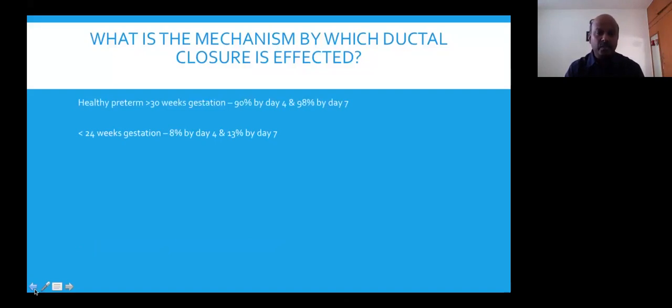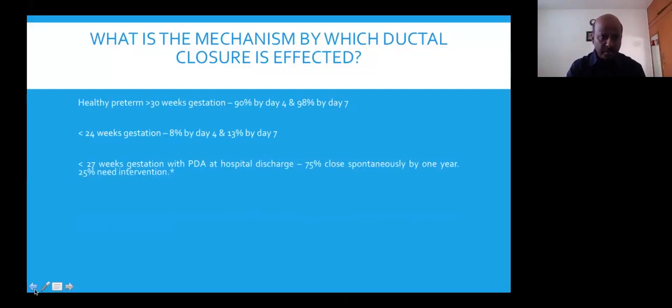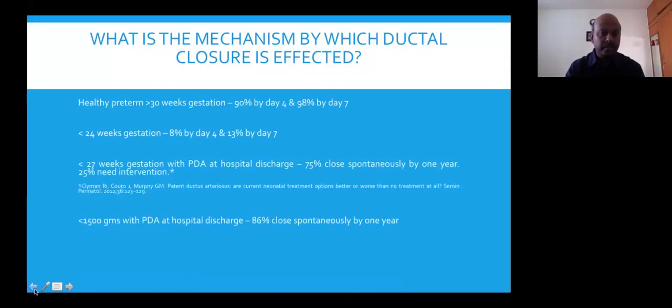The chances for the duct to remain patent are higher, with only 8% closing by day 4 and 13% by day 7. Less than 27 weeks gestation with PDA at the time of hospital discharge, you have 75% closing spontaneously by 1 year, and 25% need some form of intervention to close it at that time. And that's the reference for that data.